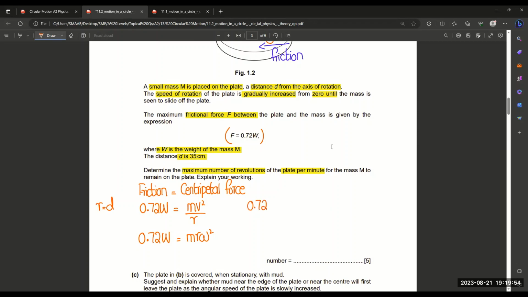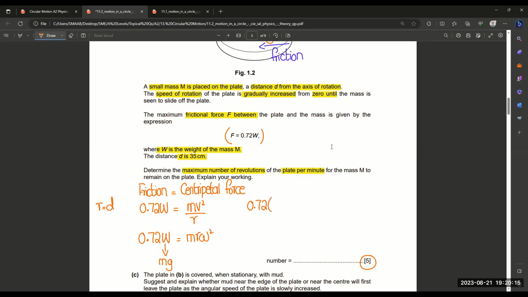So when we substitute the values, 0.72, and if we split this formula, the formula of weight is W equals mg, right? You can see the question is of 5 marks, so that's why it is so typical.